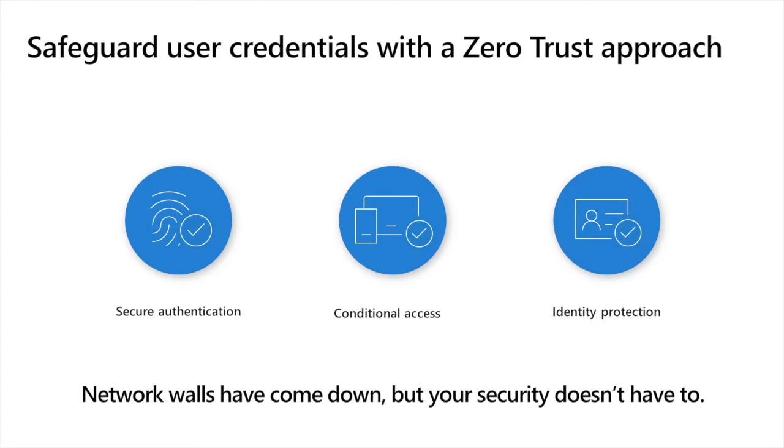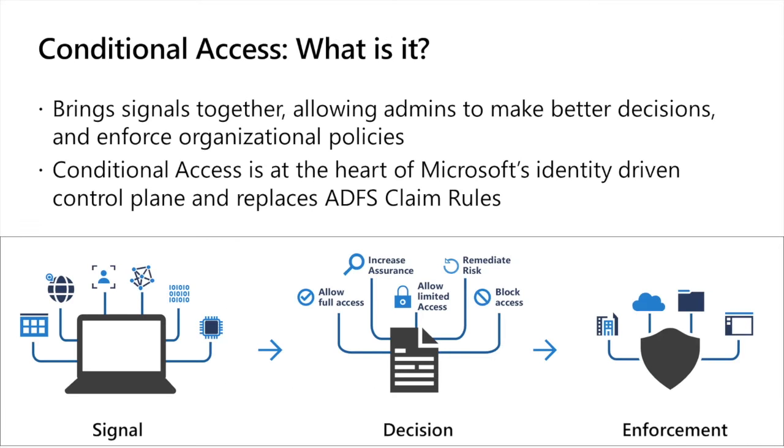What we've just seen then is an example of identity protection, and it's very much part of this Microsoft Zero Trust approach. Moving to the next slide, what is conditional access then? Essentially, users who log on to Microsoft 365 or Microsoft Azure typically generate lots of signals: who the user is, the device they're logging in from, the location where they are, the application they're using, a document they're using.